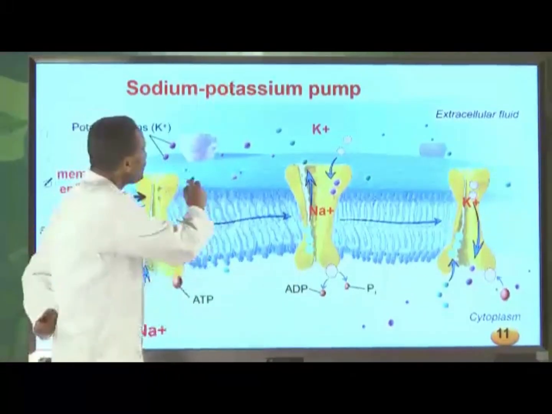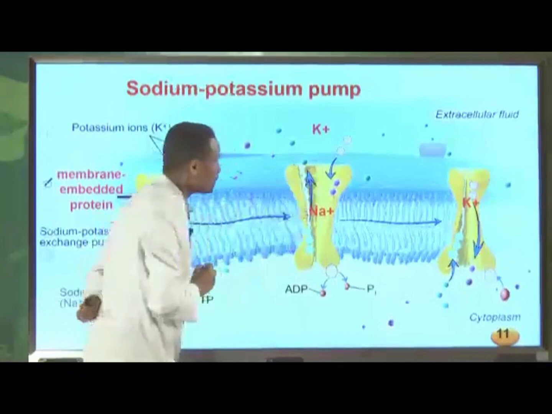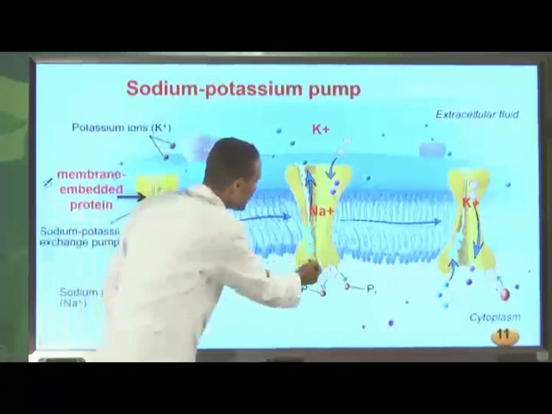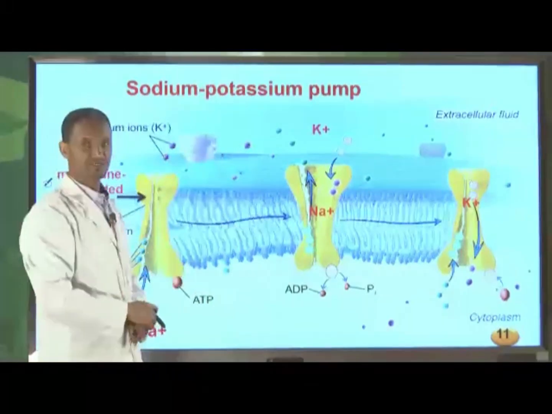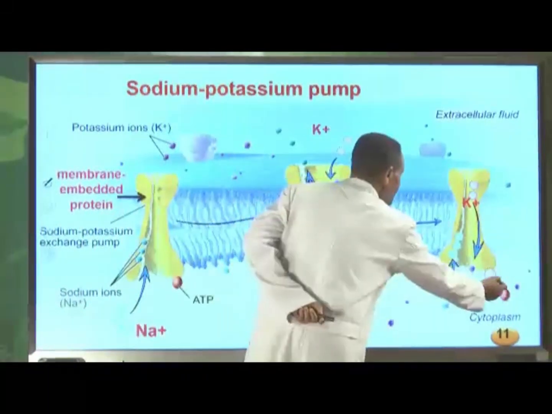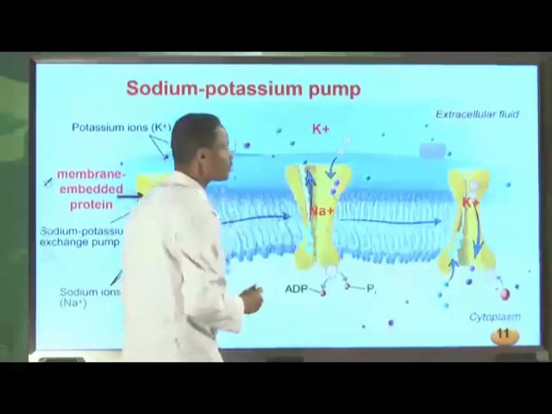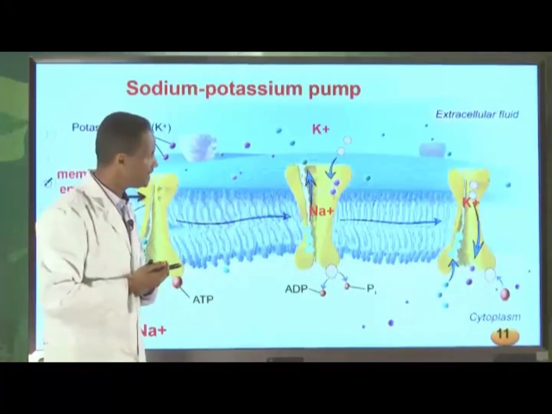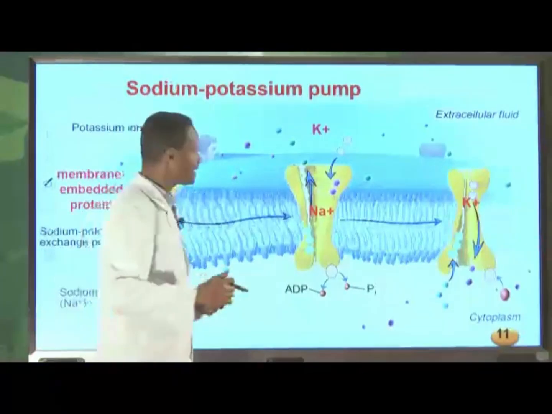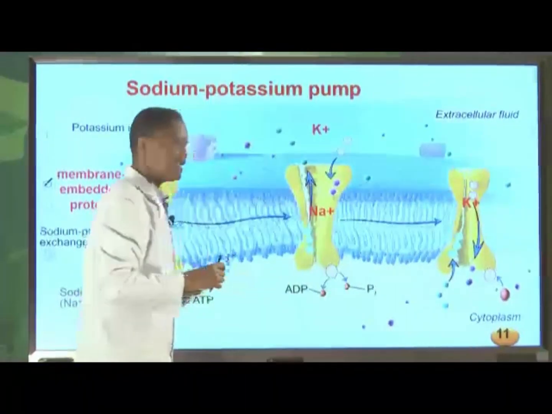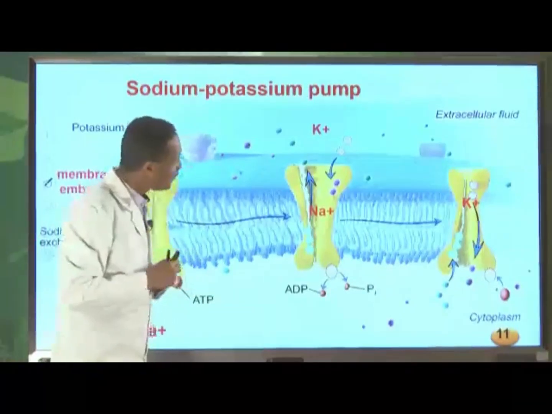Then the outer side of this protein becomes open, but the inside part becomes closed. Then at the third stage, when ATP reattaches to the inside part of the membrane-embedded protein, it becomes open from the inside direction, and from the outside direction it closes.